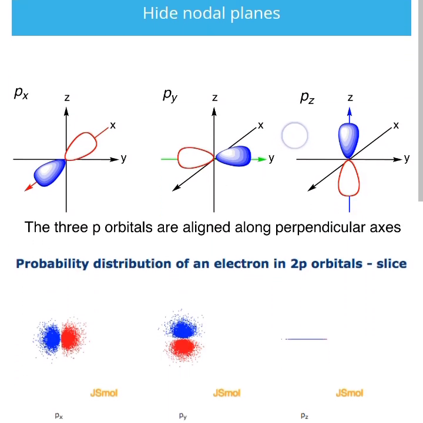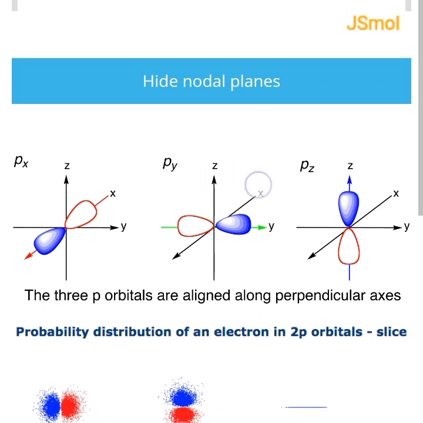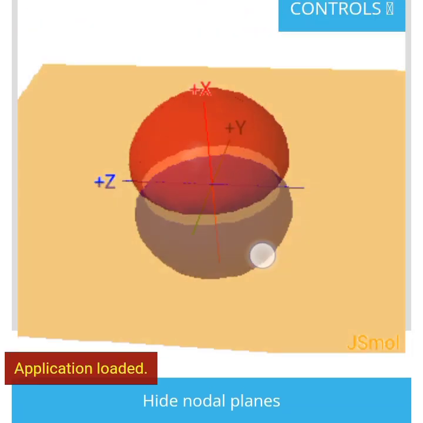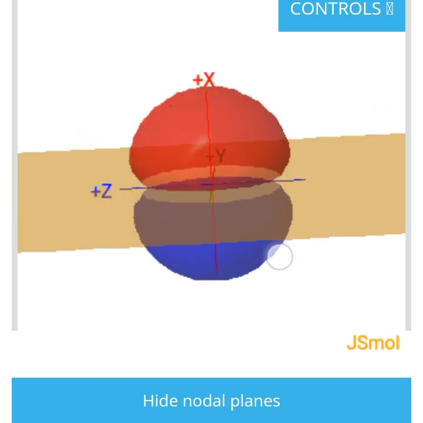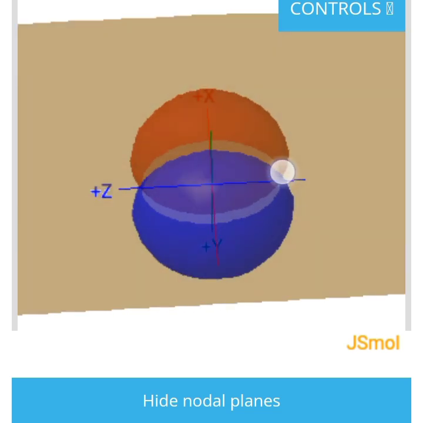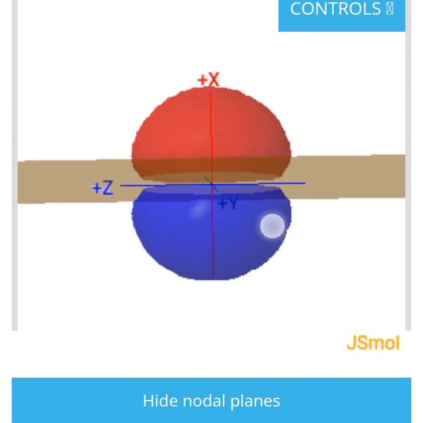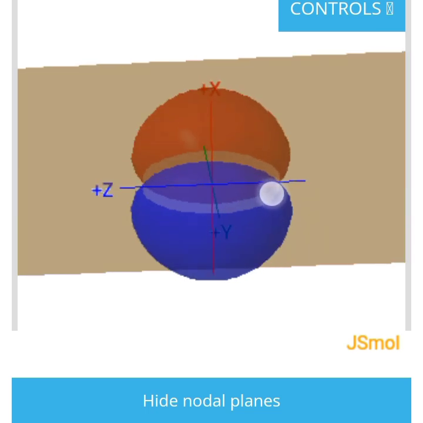Both the lobes are opposite in sign, which is also shown in the animation. This is the p orbital, and this is the node, the nodal plane, where the probability of finding the electron is almost zero, but not zero.